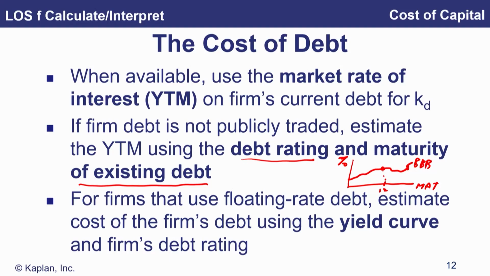For firms that use floating rate debt, right? If we're issuing floating rate debt, we're paying short-term rates, and then they're reset periodically, right? Semi-annually or annually. We're going to reset to one-year LIBOR or whatever the appropriate reference rate is, or set to one-year LIBOR plus a margin.